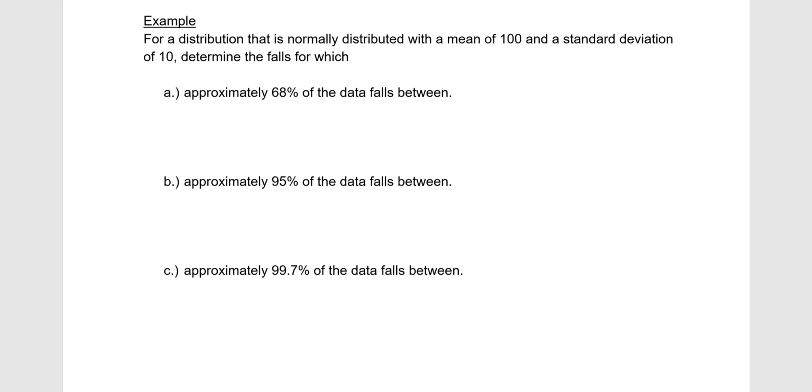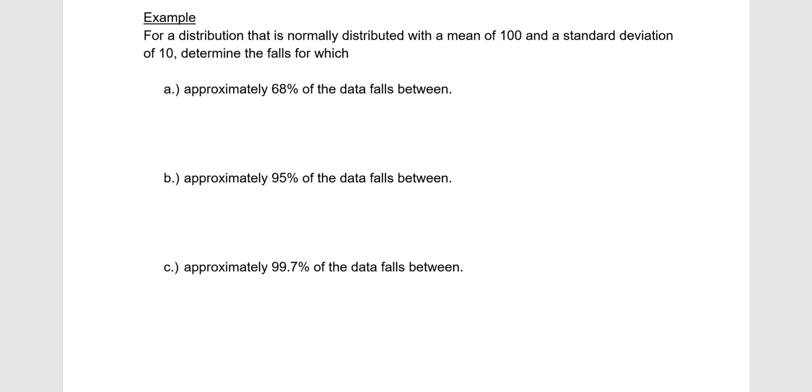Let's take a look at an example. For a distribution that's normally distributed with a mean of 100 and a standard deviation of 10, determine the intervals. This should just say intervals right here. So determine the intervals for which about 68% of the data falls between.